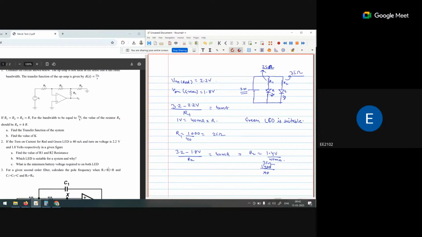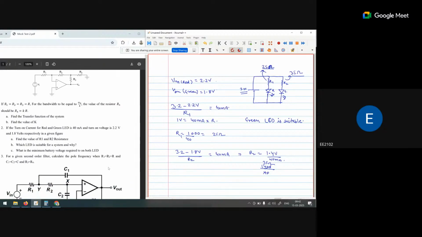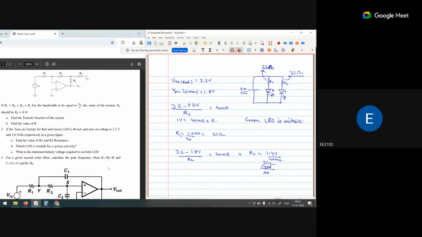Then what is the minimum battery voltage required to turn on both LEDs? The minimum voltage is 2.2 volt. Sir, no, it would be 1.8. Both LED. Oh, yeah. Sorry. Yeah, 2.2. Okay. If we provide less than 1.8 voltage, red LED will not be on and green LED will not be on. Okay.